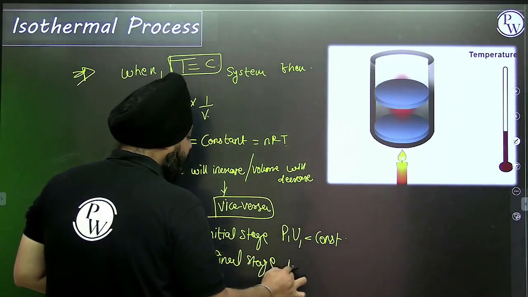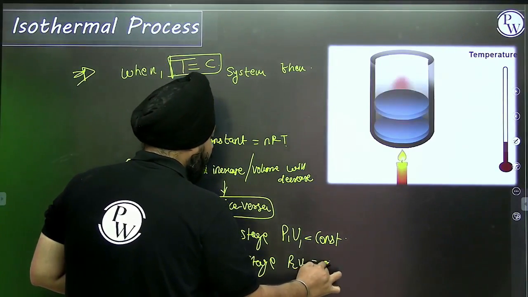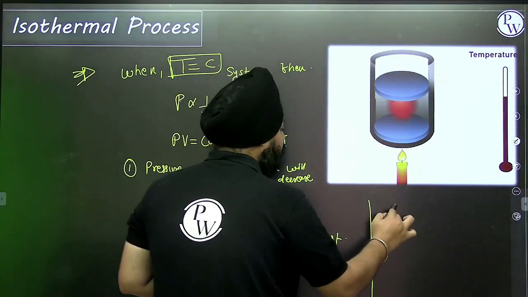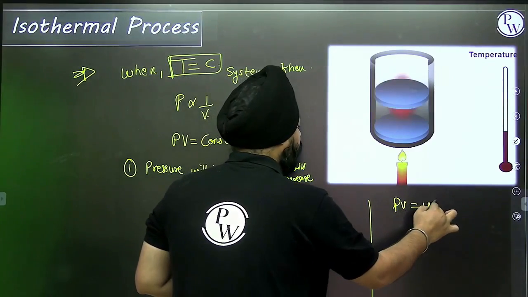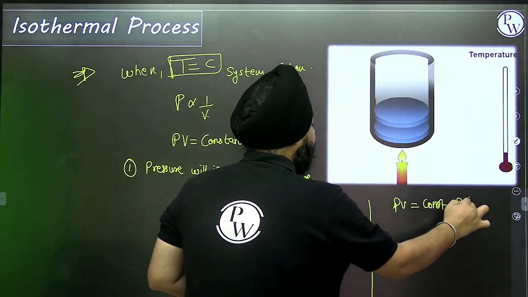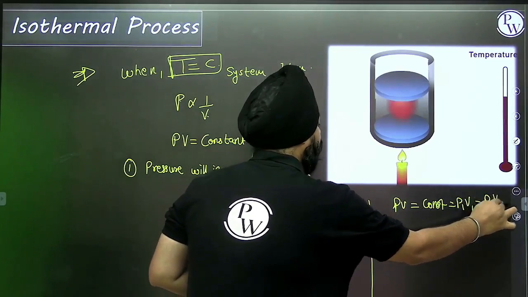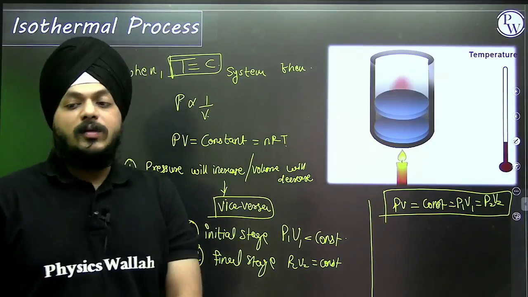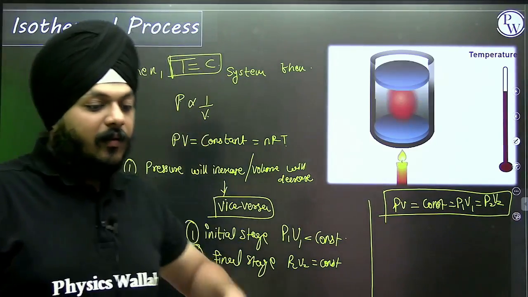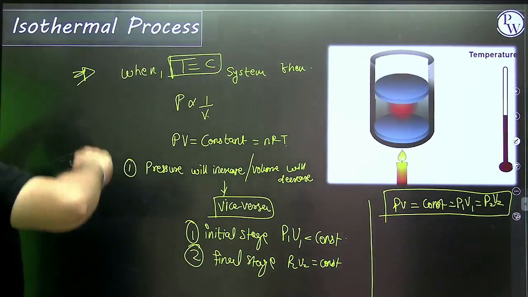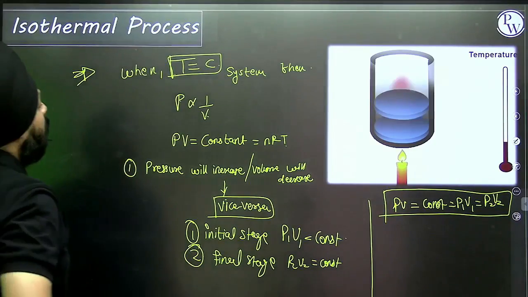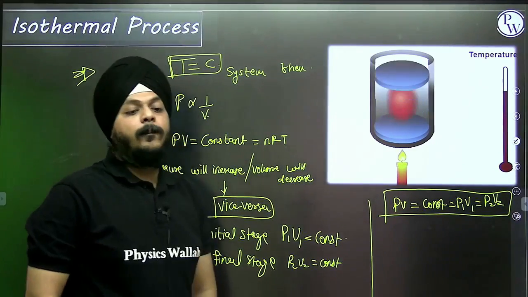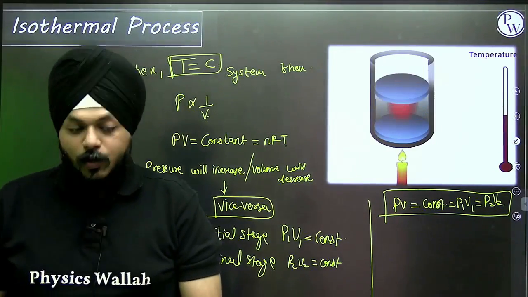At the final state, P2 V2 is equal to constant. So for the thermodynamic process, PV is equal to constant, that is equal to P1 V1, and that is equal to P2 V2. Isothermal processes.